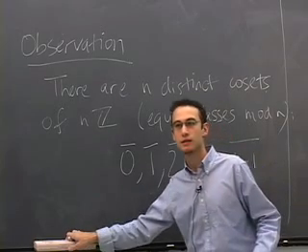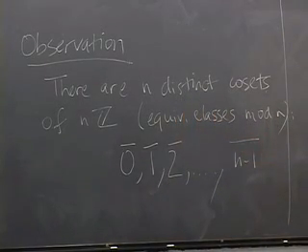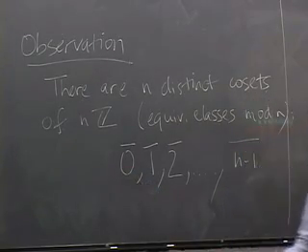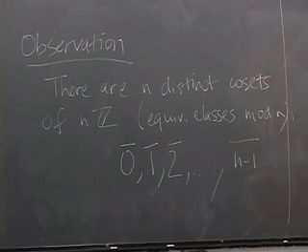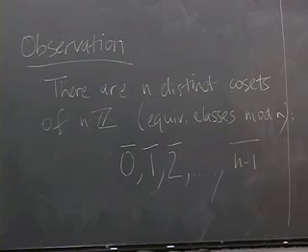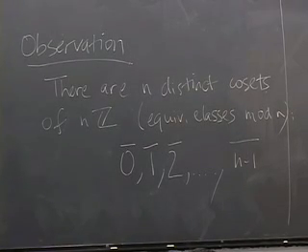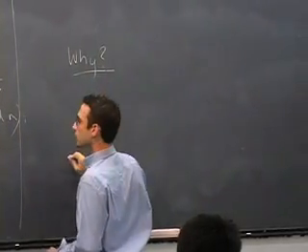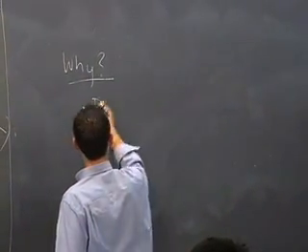Why is this? Can anybody give me a quick proof that every coset, or every equivalence class, is of this form? Exactly. This is a matter of taking advantage of the division algorithm.